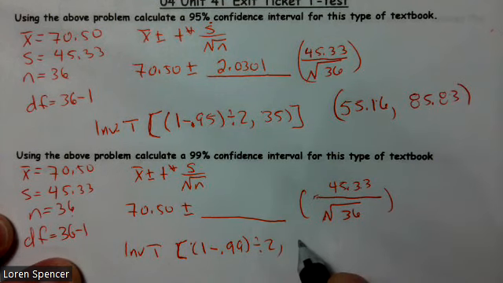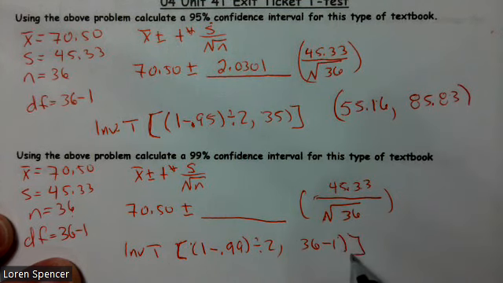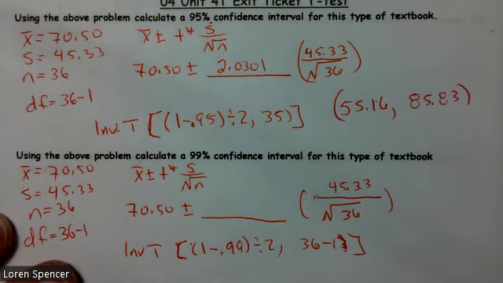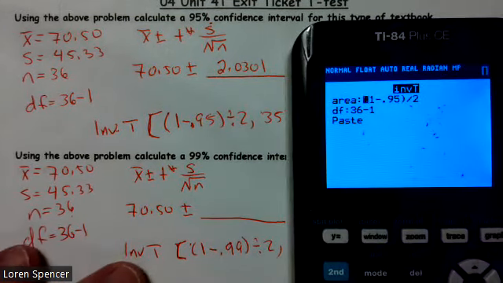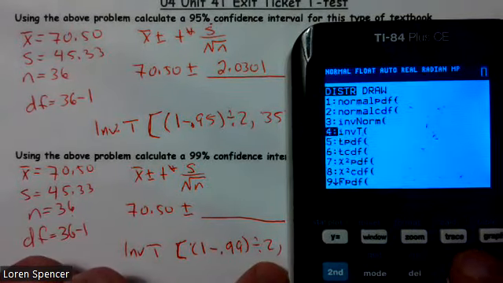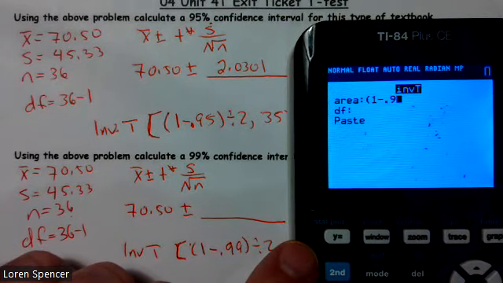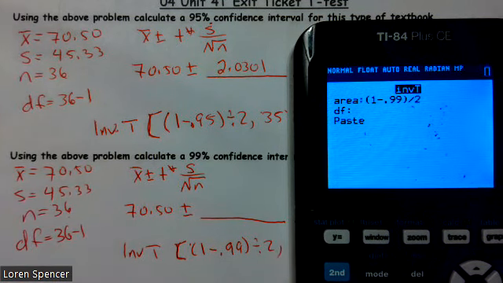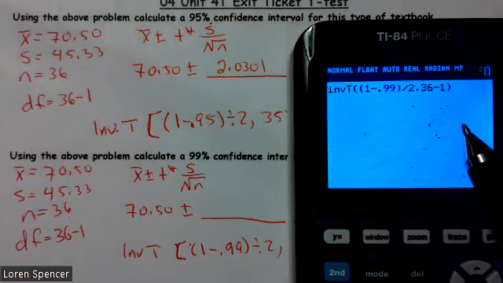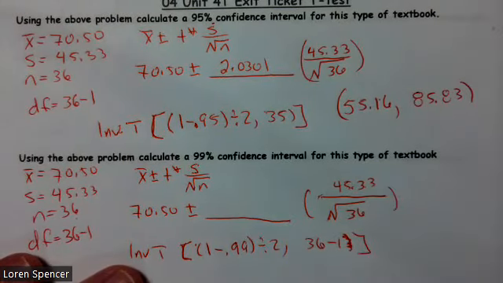Our degrees of freedom is 36 minus 1, and you could have just put 35, and that would have been fine. So here we go: second, vars, inverse t, area, parenthesis, 1 minus 0.99, close parenthesis, divided by 2. Degrees of freedom, 36 minus 1. And we end up getting 2.7238. Always make it positive.